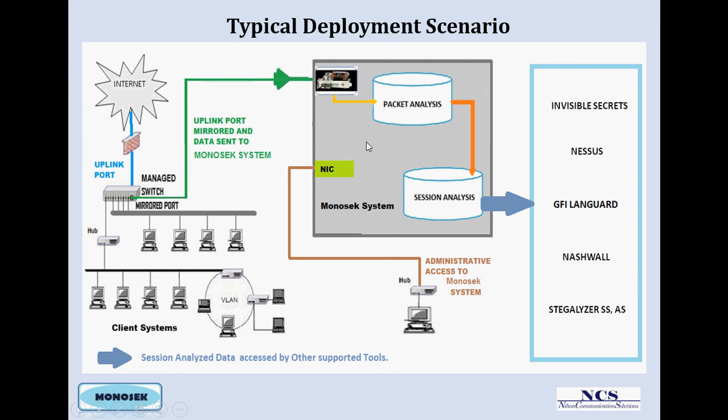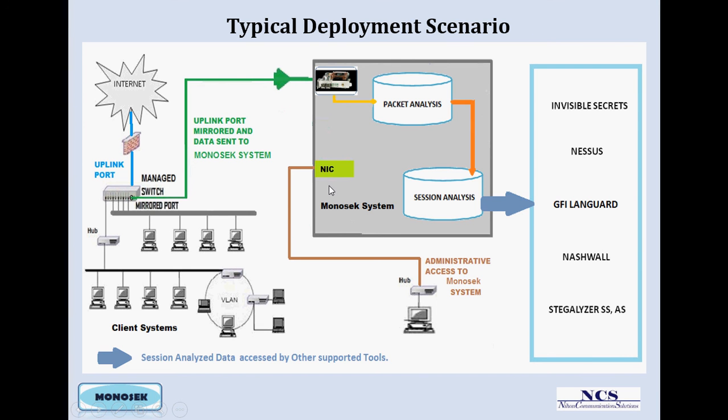So once this packet analysis and session analysis has been done, the person who wants to monitor the network can get the results from the packet analysis as well as session analysis, and he can take decisions based upon that.